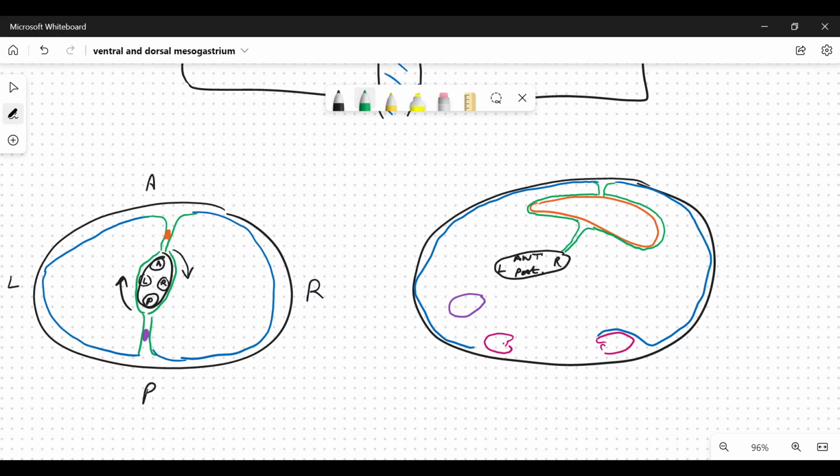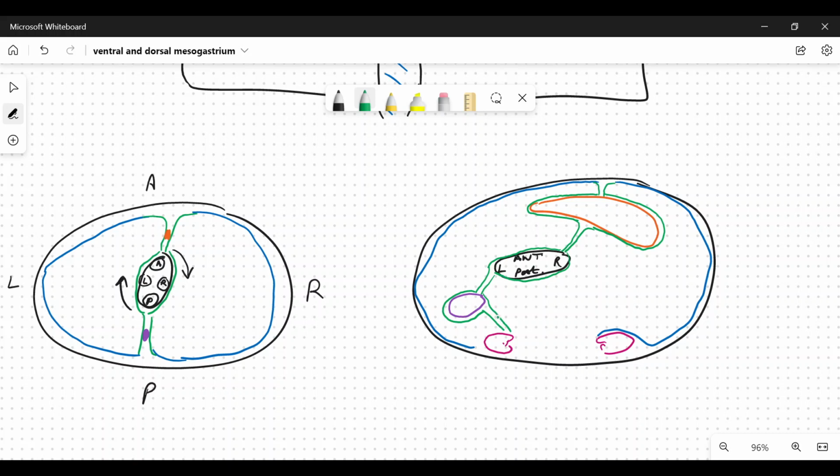Now this was the dorsal part of ventral mesogastrium. Then its anterior layer will go across the anterior surface of stomach, posterior layer will go across the posterior surface of stomach. These two layers will get reflected to the spleen, forming the ventral part of dorsal mesogastrium, that is the gastrosplenic ligament. Right. Then the anterior or the left layer of this gastrosplenic ligament will go cover the entire surface of spleen and will get reflected to the kidney, whereas this posterior or the right layer of gastrosplenic ligament will directly go to the kidney.